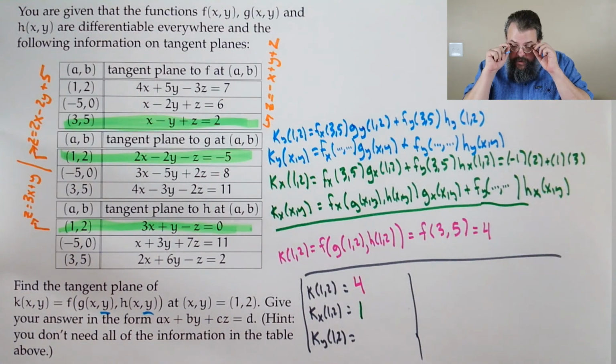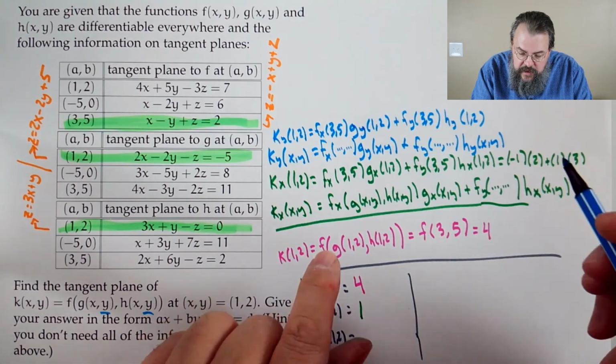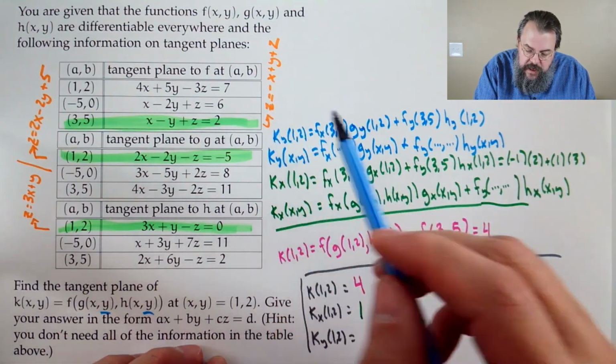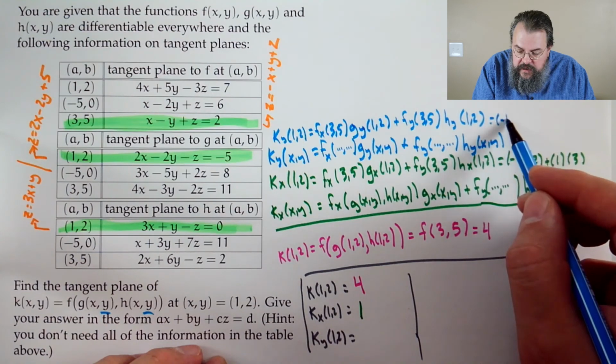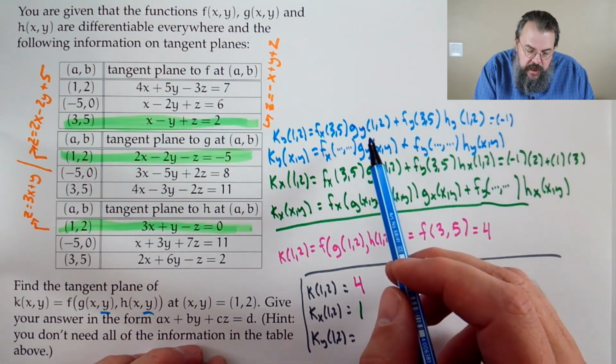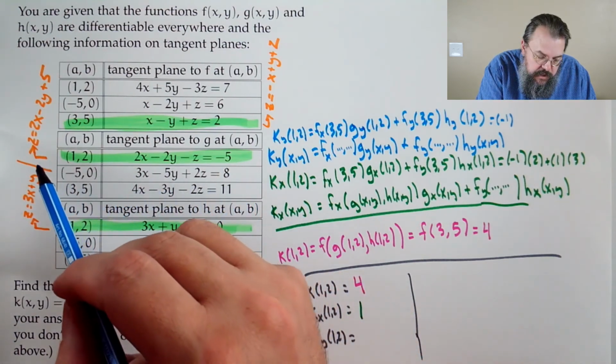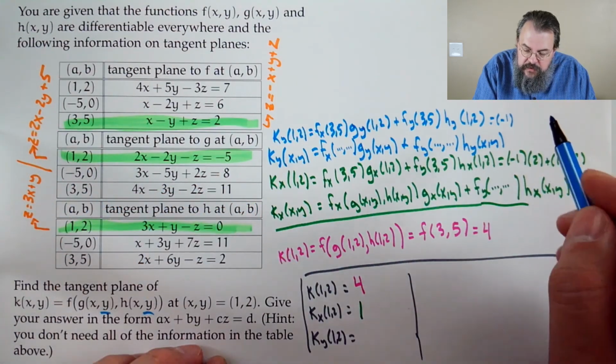All right, well, we plug things in. So f sub x at our point (3, 5), still negative 1. Okay, so negative 1. G sub y at (1, 2), well, negative 2.